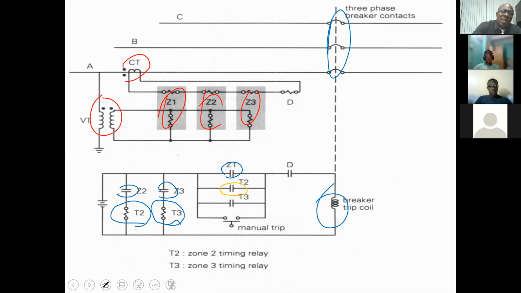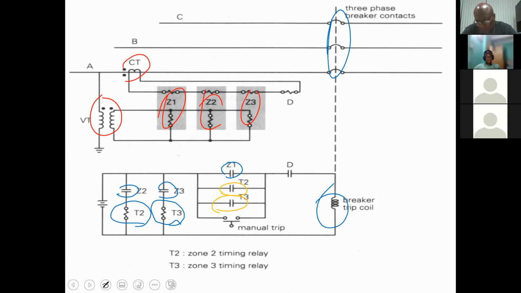Or if the time continues and it goes to T3, then that will close and close your circuit. So what you have here is backup protection being provided at point 1, 2. Any questions?